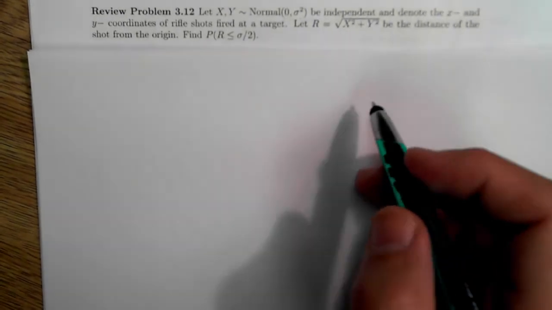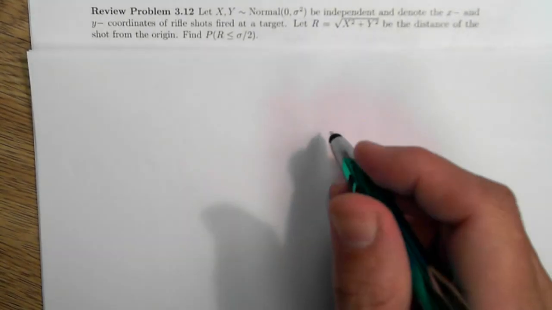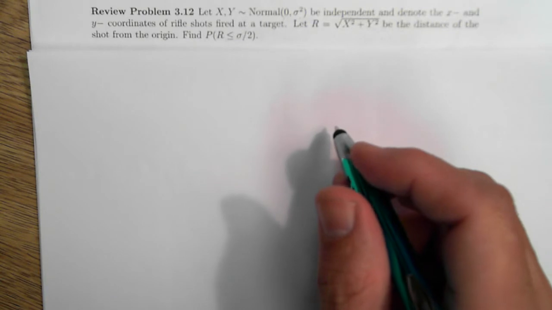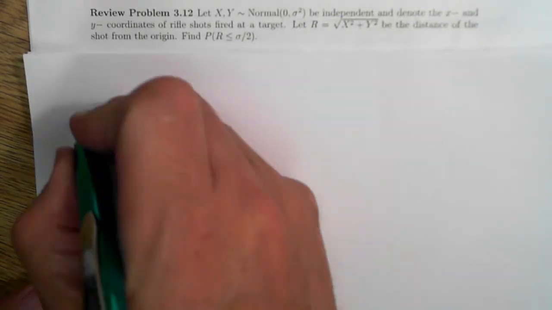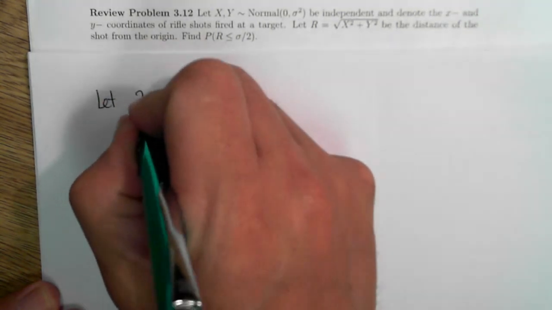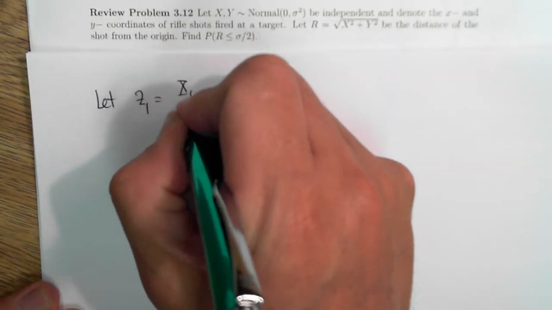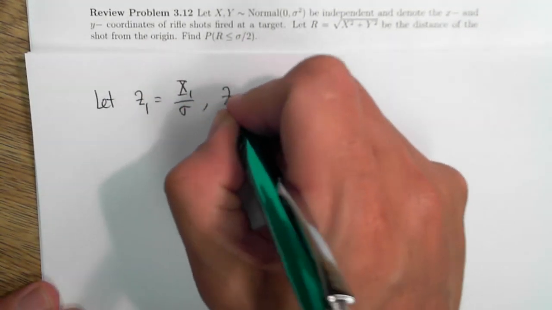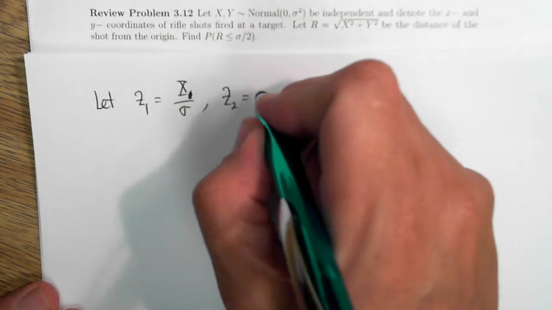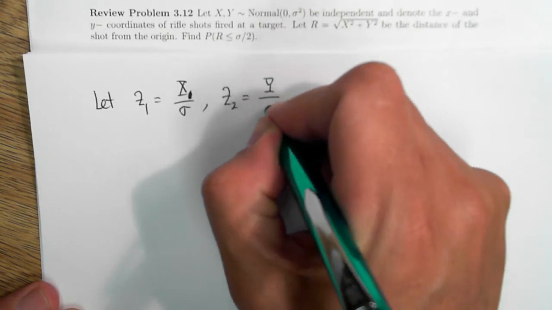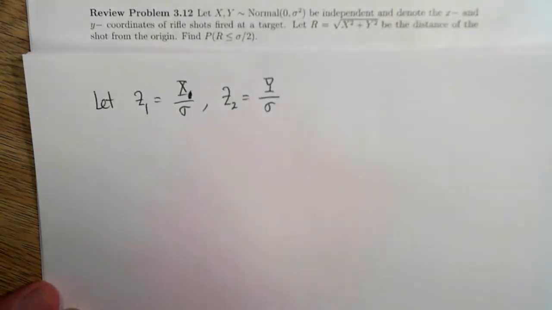All right, to do this one, I'm going to use a couple of tricks so that I don't have to reinvent the wheel, because a few of the things that I need to do this problem we've actually done in class already. So first off, let z1 be equal to x over sigma, and let z2 be y over sigma.